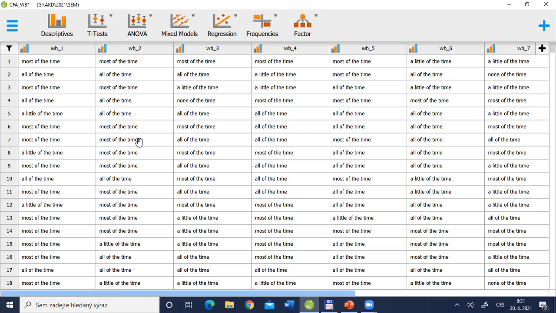So if we change scales here, it means I would click here and instead of ordinal, I would use scale, so it means cardinal variable, I know that my results will be slightly worse. If I don't mind this slight decrease of quality of my solution, I could follow.